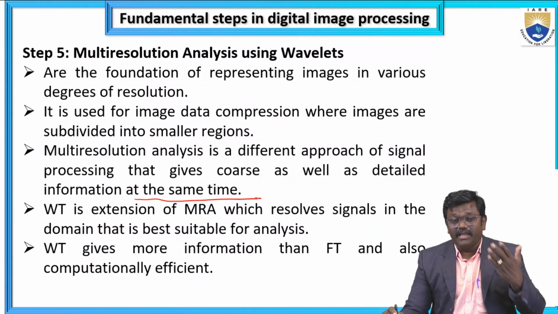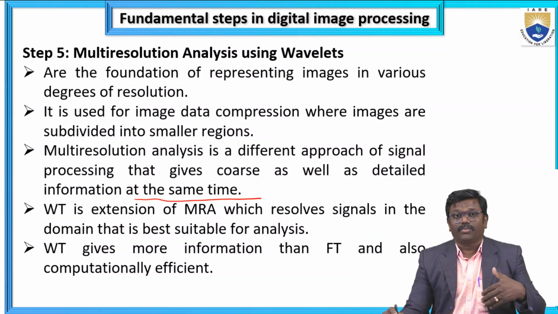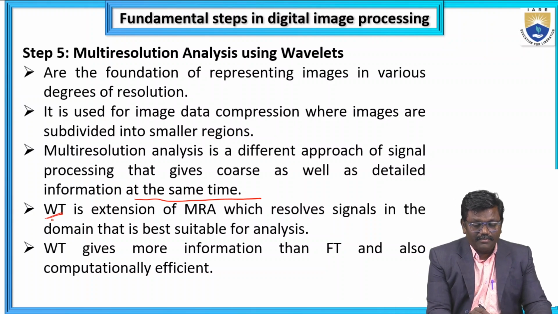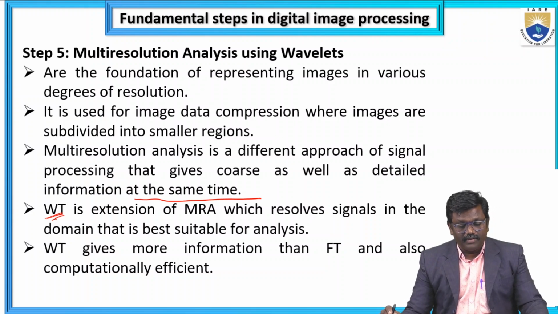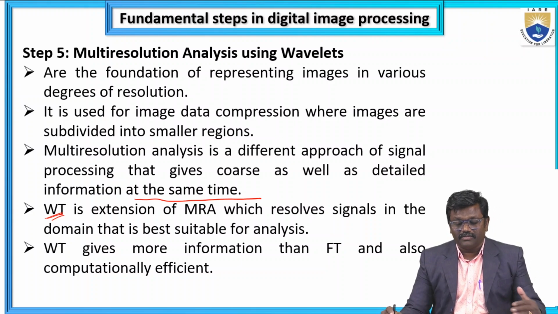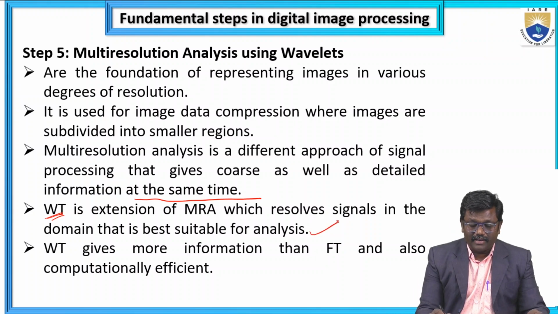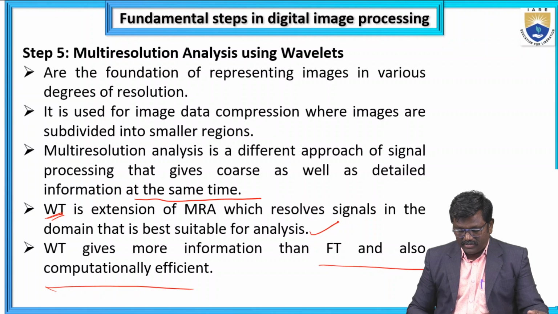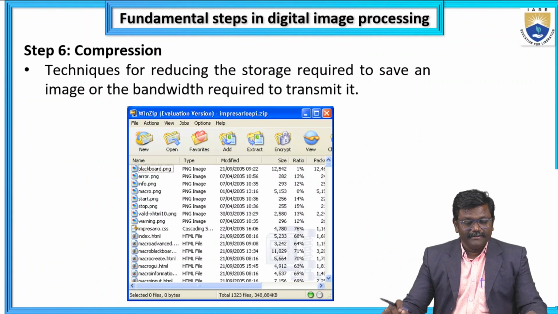at the same time. In this sense, your processing happens at the same time. Here WT is nothing but wavelet. This wavelet expansion of MRA resolves the signal in the domain that is best suited for analysis and gives frequency transformation, and computational efficiency also increases at step number 5.